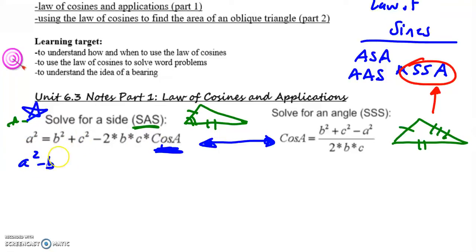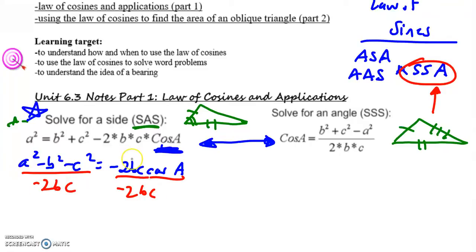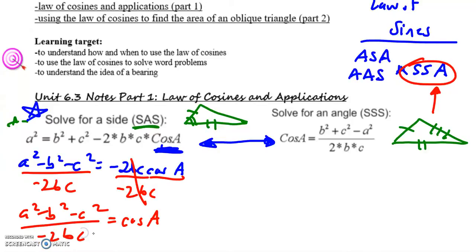So we'd have A squared minus B squared minus C squared equals negative 2BC cosine of A. Then to continue to get cosine of A isolated, I would divide both sides by the product of negative 2B and C. This would cross out. So you'd have cosine of A equals A squared minus B squared minus C squared over negative 2BC. And if you take a look, the only difference between what I did here and here is that all the signs are flipped. So what happened was really multiplied by negative 1.